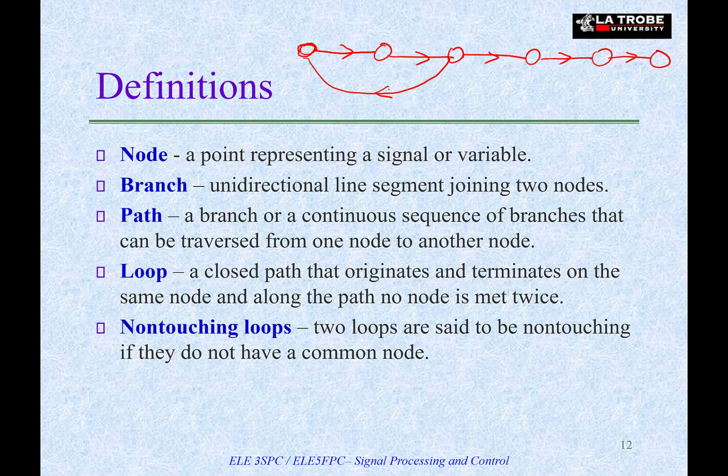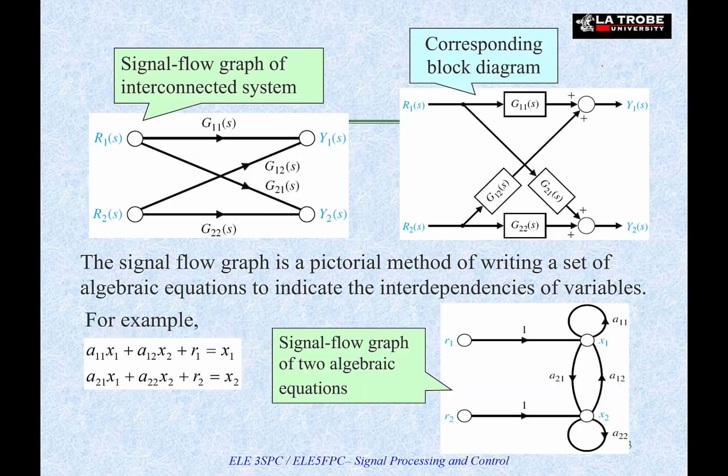The last definition on the slide is non-touching loops. Two loops are said to be non-touching if they don't share a common node. So I've drawn two loops, and these two loops are non-touching because they don't have a common node.